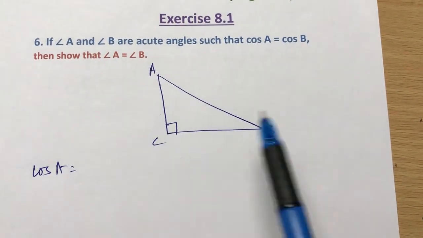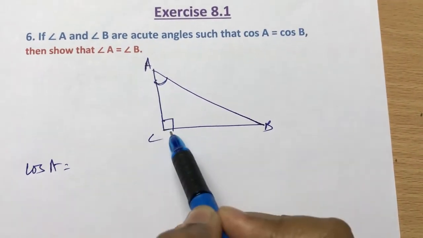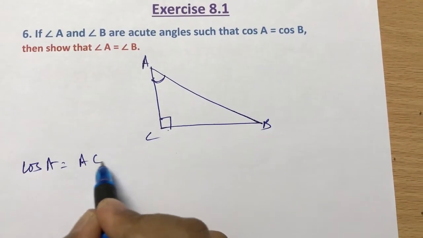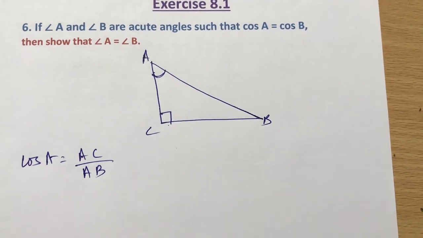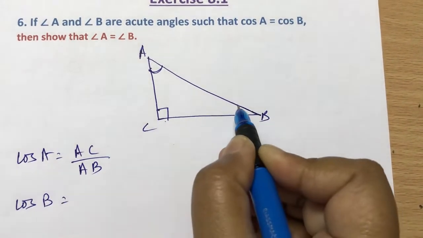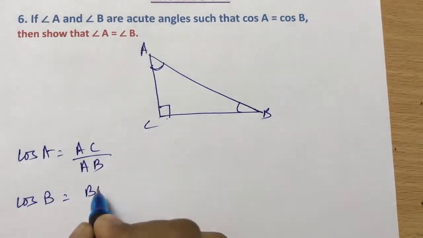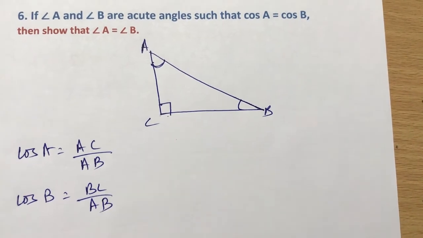What is cos A? Cos A is base by hypotenuse, so it is AC by AB. What is cos B? Cos B is base by hypotenuse, so it is BC by AB.